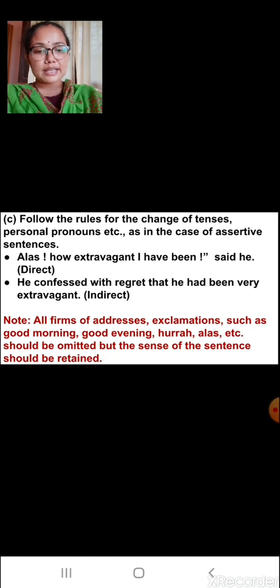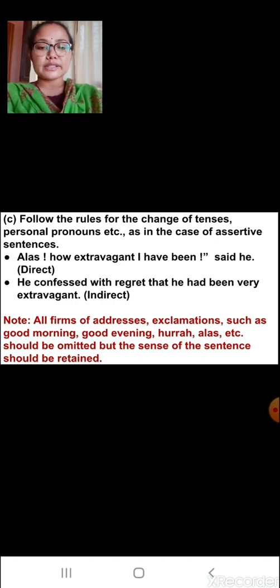Now, this sentence, if we change into indirect speech, will be, he confessed with regret that he had been very extravagant. All forms of addresses and exclamations such as good morning, good evening, hurrah, alas, etc., should be omitted, but the sense of the sentence should be retained.